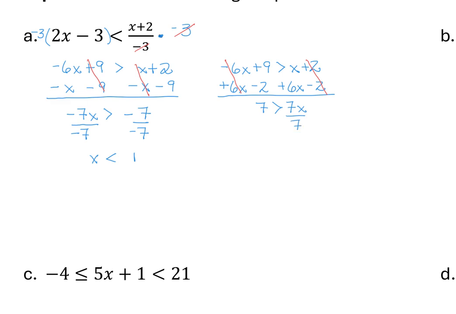Here, we can divide by positive 7, and we still get our 1, we still get our x, and because we did not divide by a negative, my inequality sign is going to stay the same. But when we look at our inequality signs, notice that our crocodile mouth is always opening towards the 1.